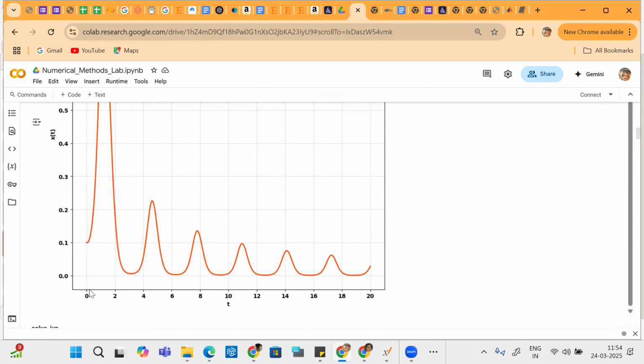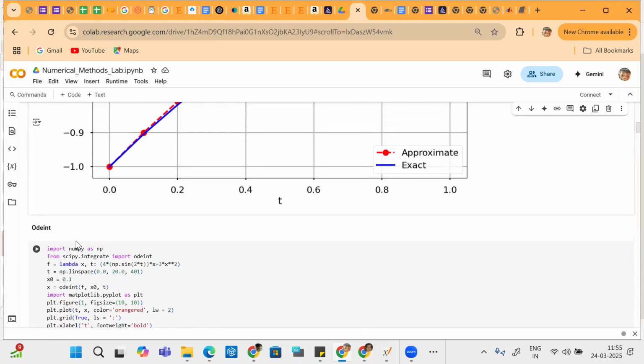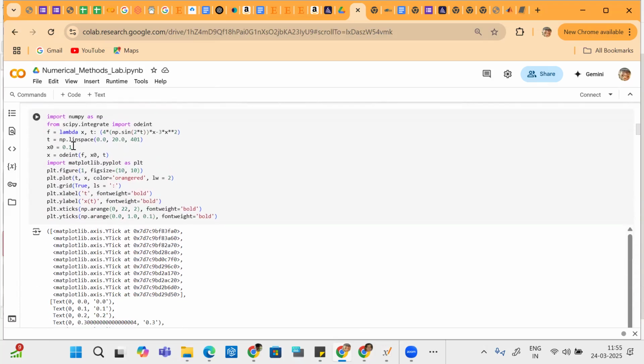Initial condition is 0. Yeah, it's correct. You check the solution at t equal to 0 and see what the value is. It is 0.1, which is already given in your equation. x naught is 0.1.